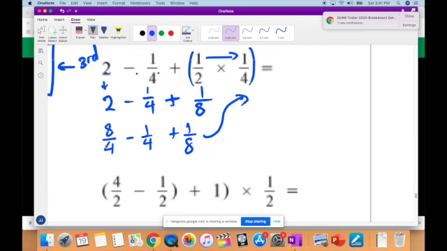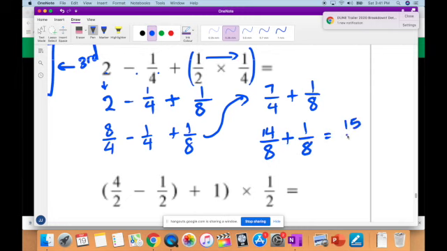So that will be 8 on 4 minus 1 on 4 is 7 on 4 plus 1 on 8. Then we could take this 7 on 4 and express it as 14 on 8. 14 on 8 plus 1 on 8 will give me 15 on 8. And this is the final answer.